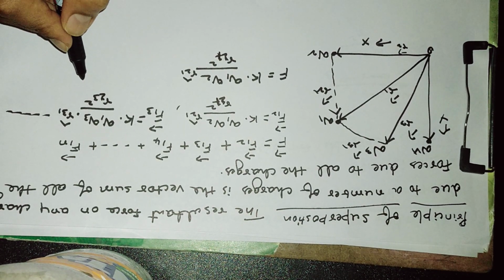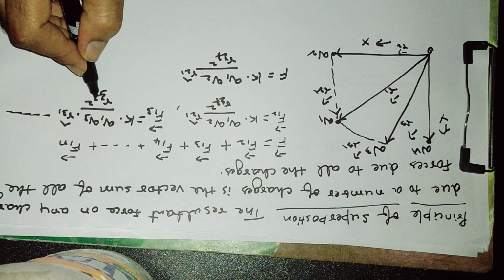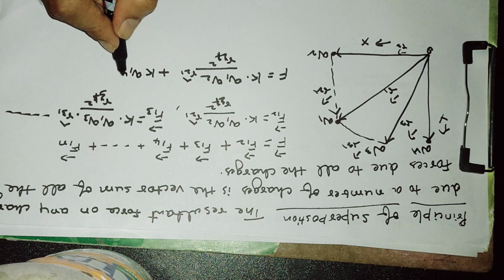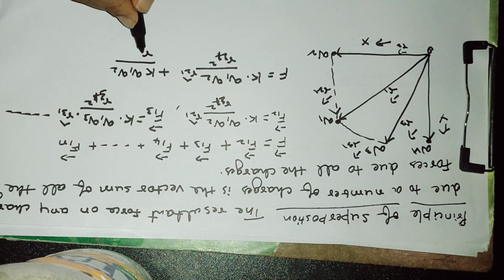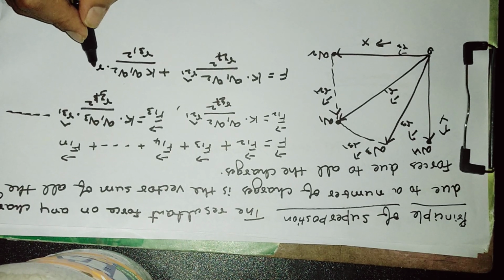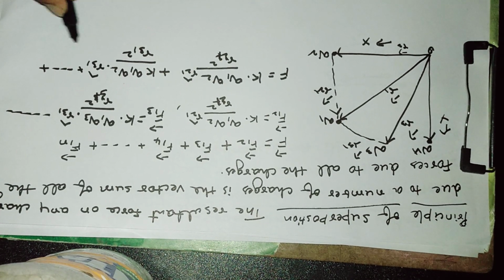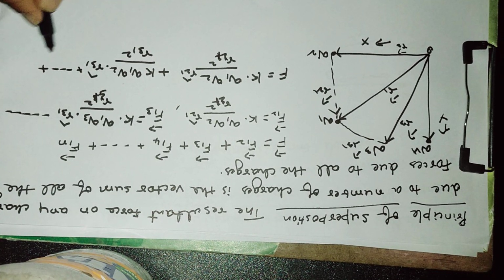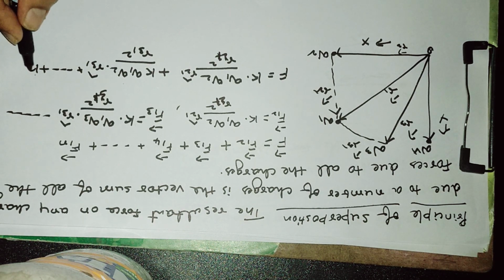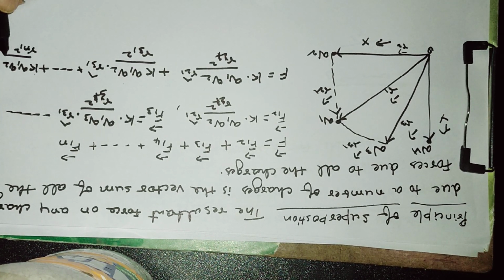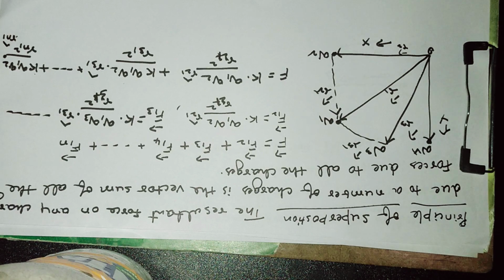Similarly, it is r31 here, plus K into q1 q3 divided by r31 square into r31 cap, plus etc., plus K into q1 qn divided by rn1 square into rn1 cap and so on.